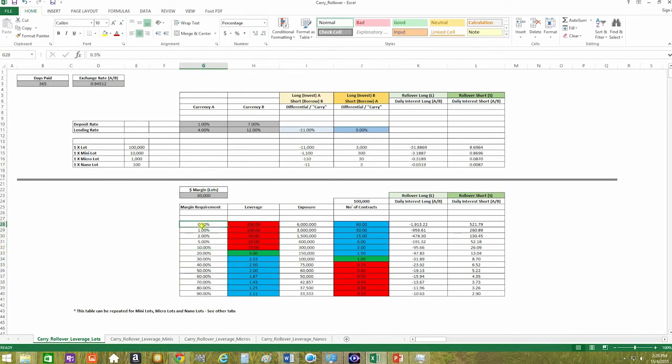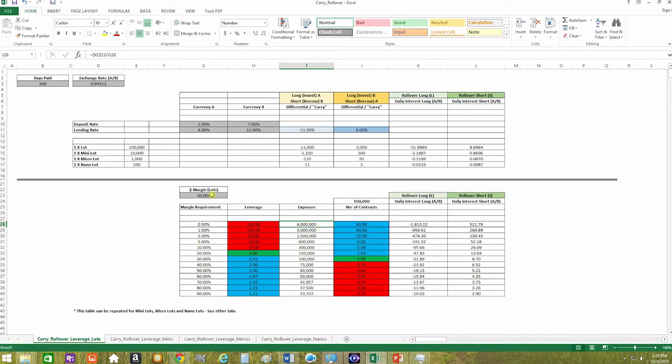So let's start with the extreme example of 0.5% margin requirement, and that's equivalent to 200 times leverage. So as we did earlier in terms of working out the leverage, it's just 1 divided by the margin requirement, as you can see, 1 divided by G28. And the exposure, if we were to use the full leverage that the broker is offering us, the exposure is 6 million.